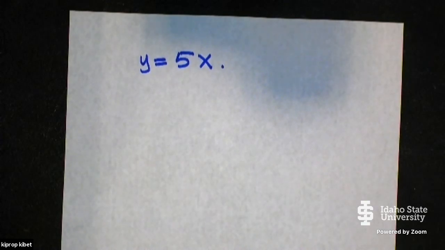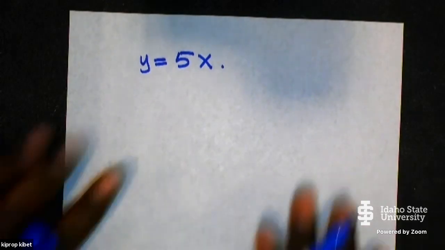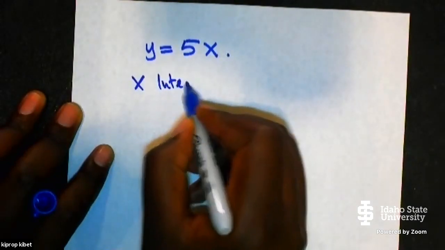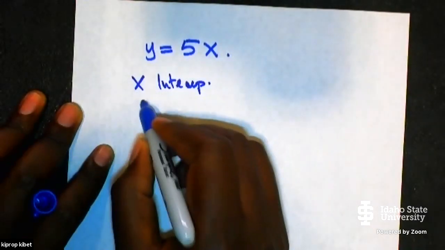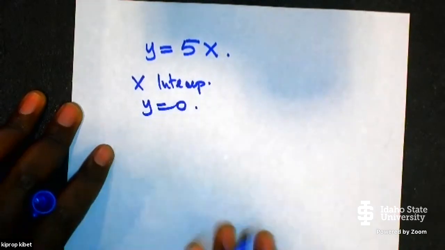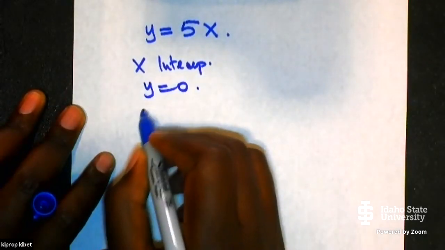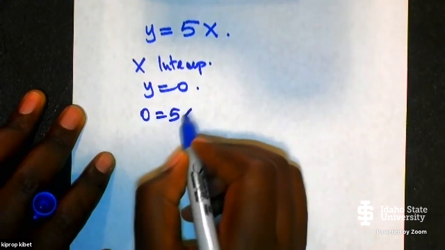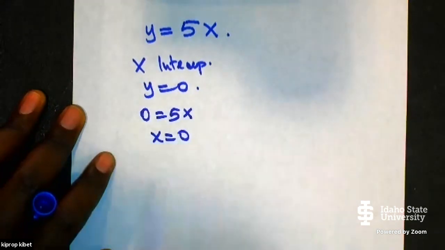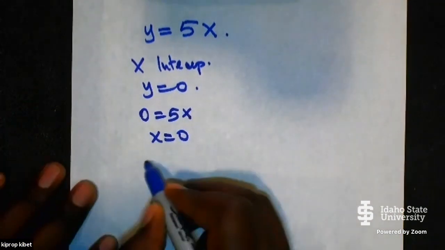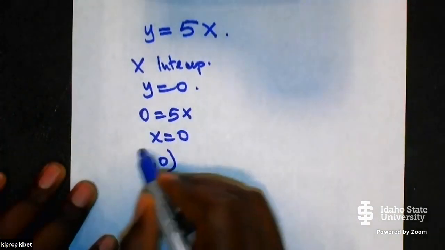All right, so start by looking for the x-intercept. So this is the point where y equals to 0. So when y equals to 0 here, then it will be 0 equals to 5x. So x equals to what? 0, right? So our first point is 0, 0.